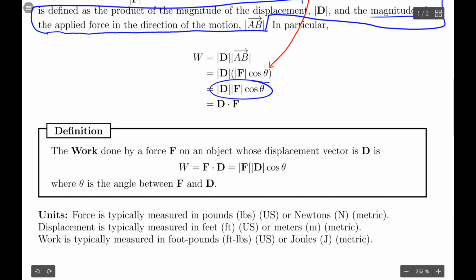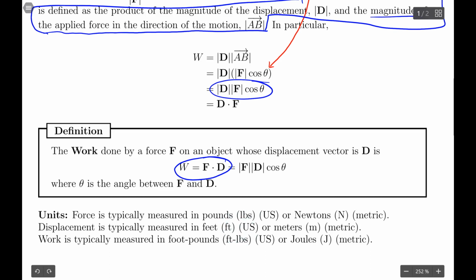Work is measured as a product of force and displacement, so the units are going to be multiplied together, so they have to be compatible. In the United States, work is a product of displacement and force, so it just has a unit of multiplying these two different types of measurements together.